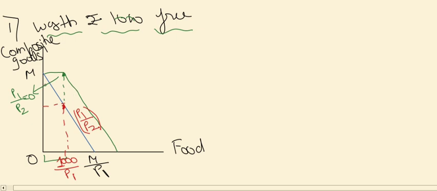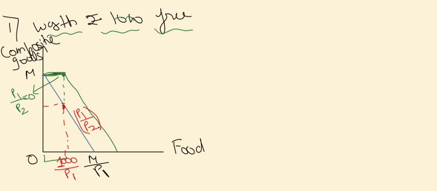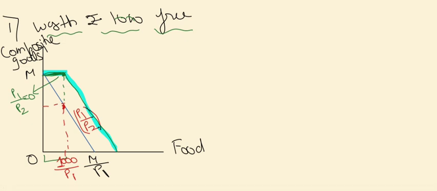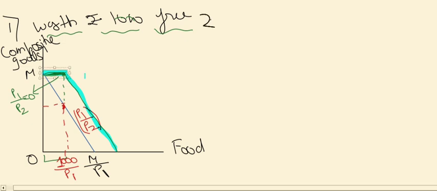So the segment of the budget line would be flat until the 1000 by P1 point, and beyond that, it would be back to the normal, that is the P1 by P2 case. So we have a zero slope budget line, the flat budget line, in this segment, and beyond that we have a normal budget line with the slope P1 by P2 that is parallel to the original budget line.